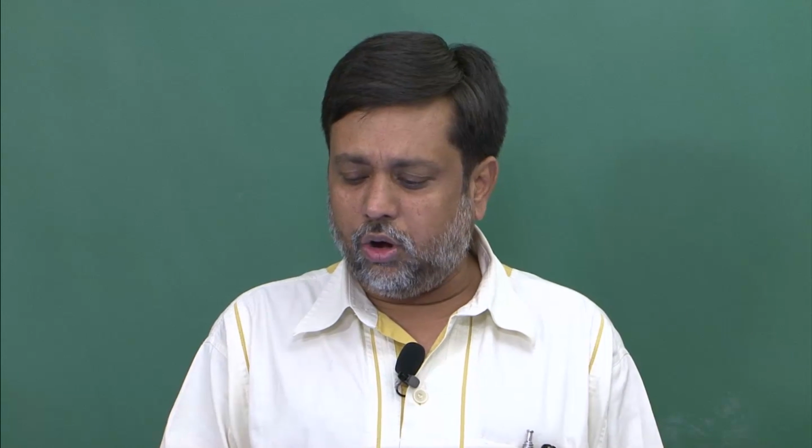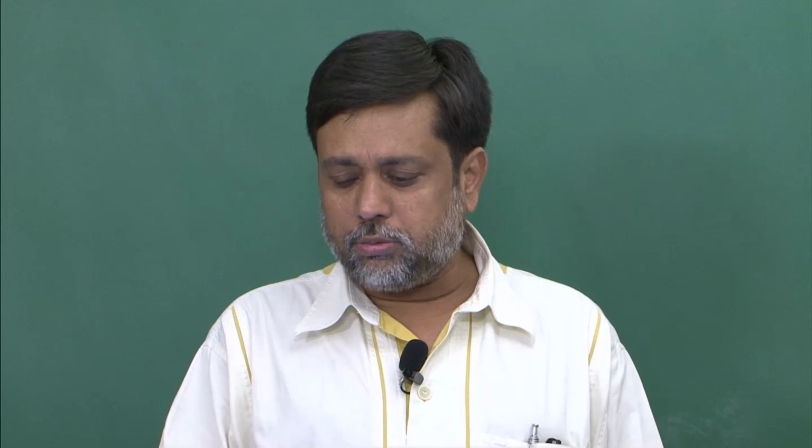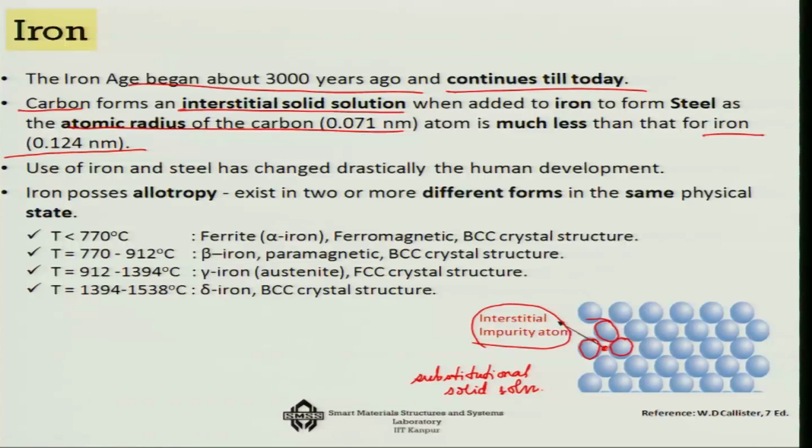On the other hand, in this case, since the atoms are very small, they do not substitute any atom, but basically go into the space between the atoms. So, steel is formed when carbon goes into the space between the iron atoms.